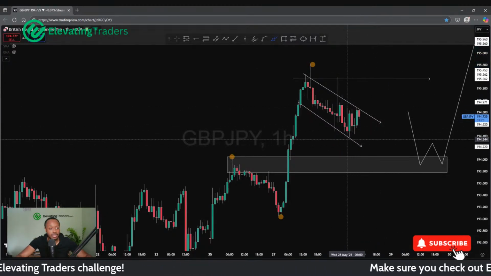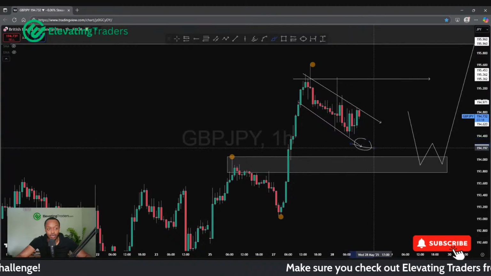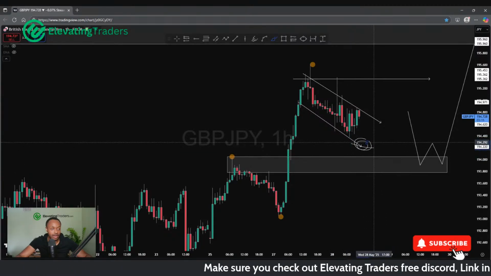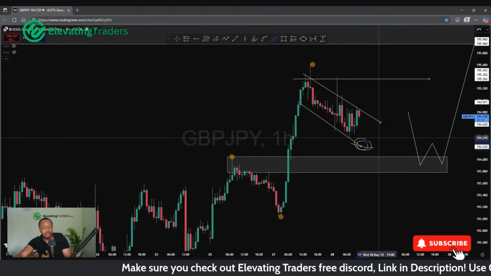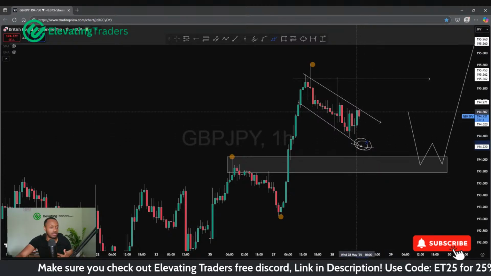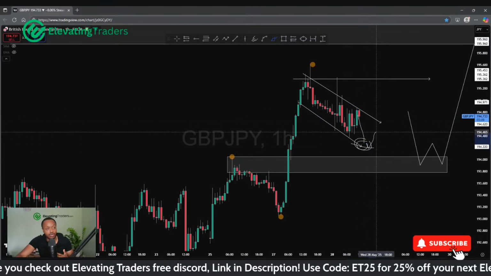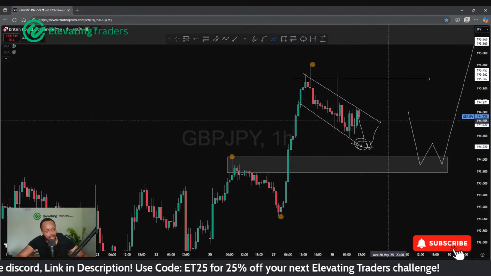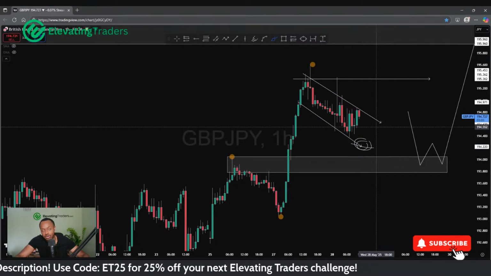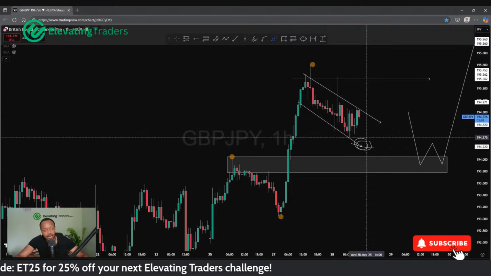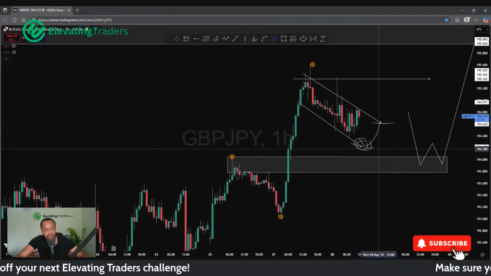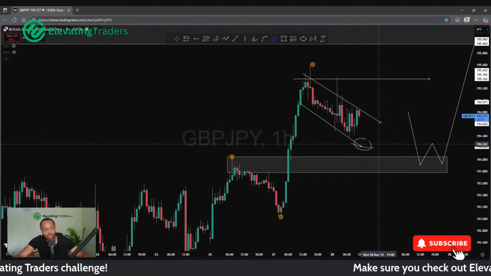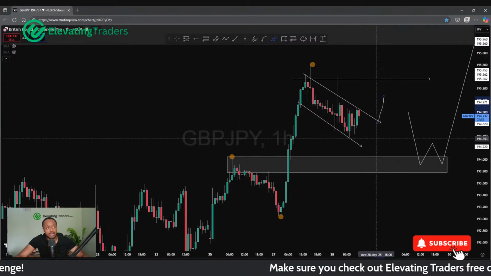I preferably want to be in at the lows. This is where I would try and get involved for the bull flag, which is probably the riskier trade, because still within the channel, price might give you a nice bounce, but we still very much could roll over again. So you do run the risk of that happening, but you could counter that by going break even when price does hit the upper end of the channel. Remove risk, hopefully catch the breakout.